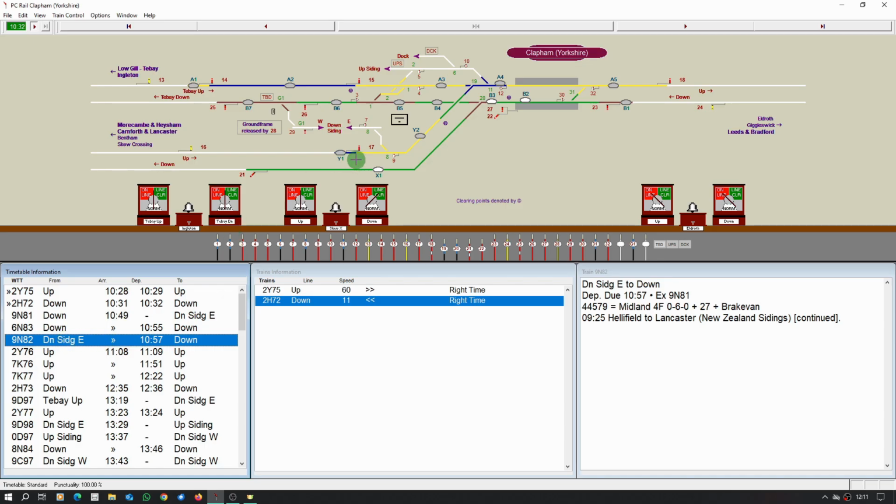And then he comes out the same way, so it's propelling down onto the up line and then a crossing. You'd think there'd be a crossover at this end of the layout really for that sort of movement, but there isn't. Right, we can send entering section to Skew Crossing for that passenger what's just left. Just cleared 22 now, so I can now send out a section for that one.